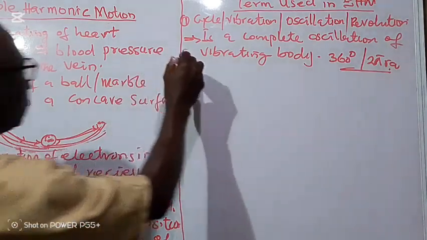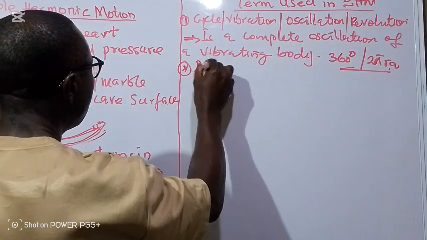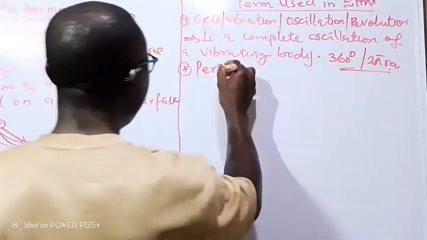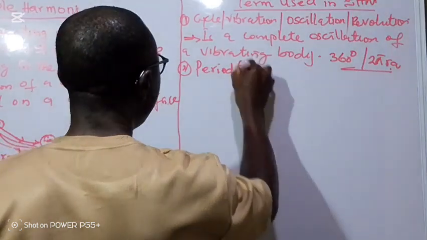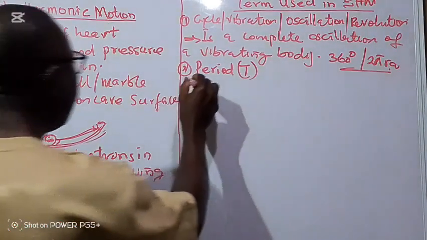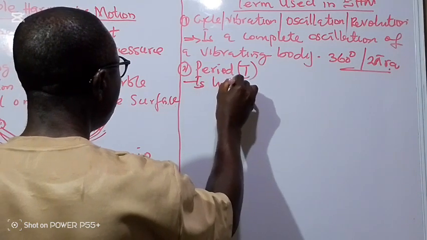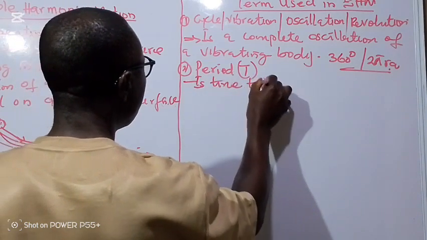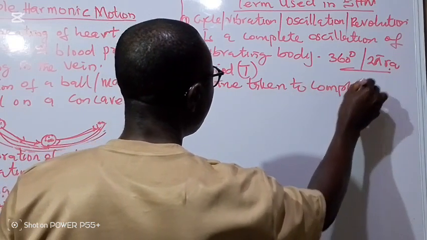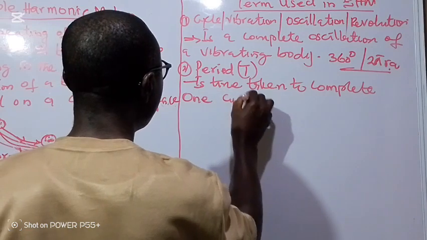Number 2, period. The symbol for period is capital T. And period is the time taken to complete one cycle.